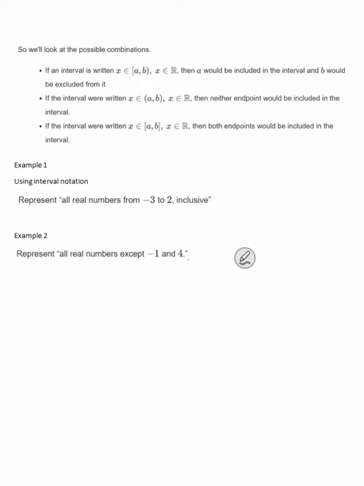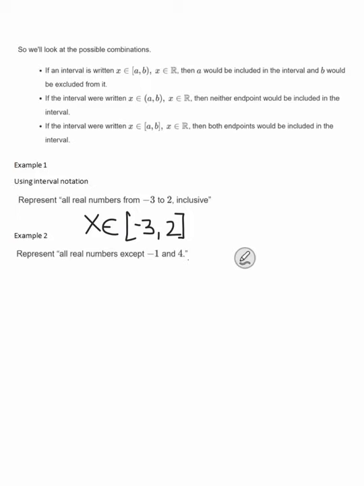So let's do a couple more examples. We want to represent all real numbers from -3 to 2 inclusive. So using interval notation, that would be x as an element of -3 to 2, and you would have square brackets for both endpoints.